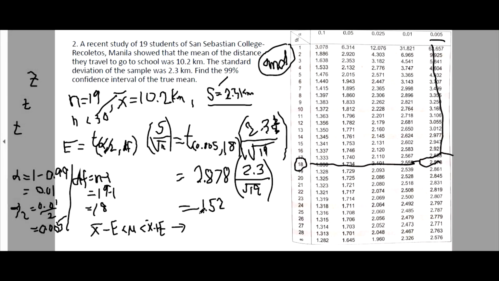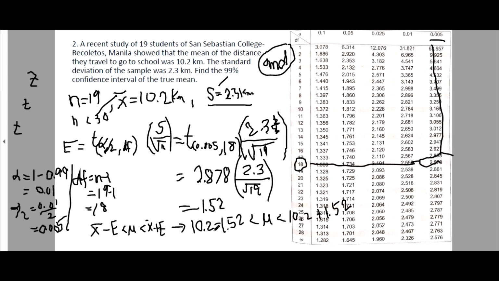X bar is 10.2. So 10.2 minus 1.52, then we have the mean. And on the right side, we have 10.2 plus 1.52.